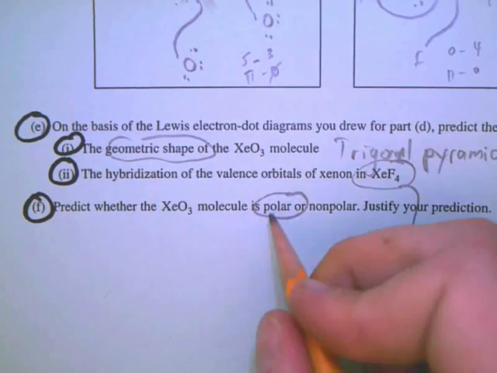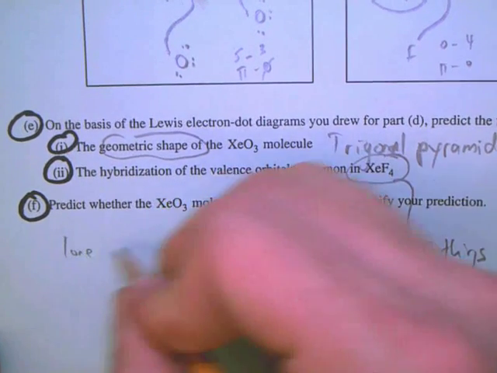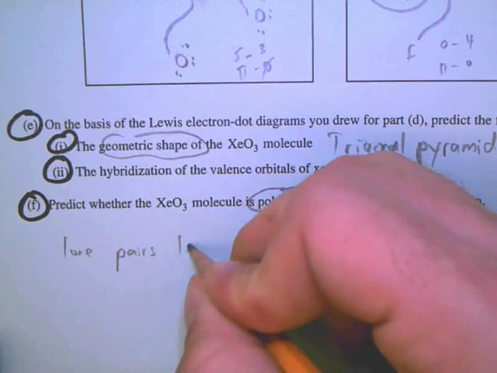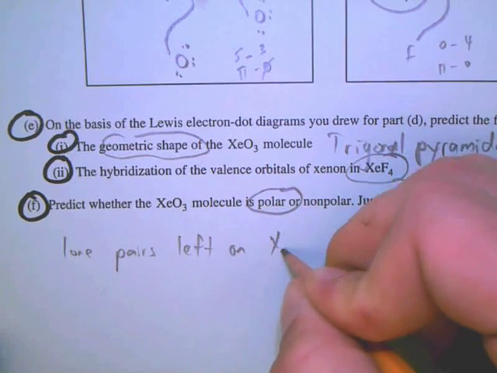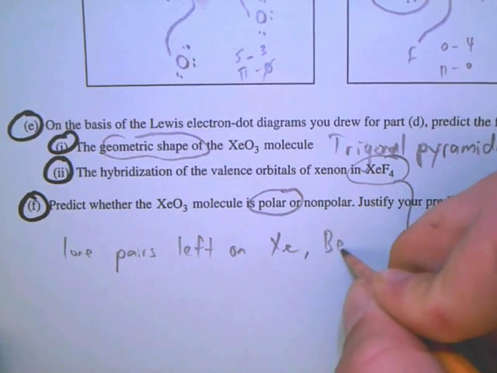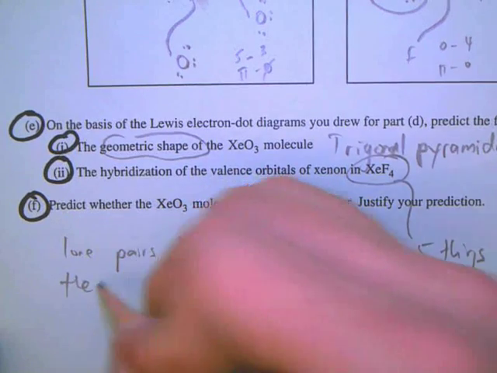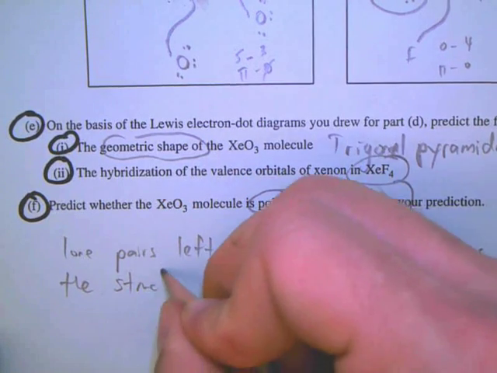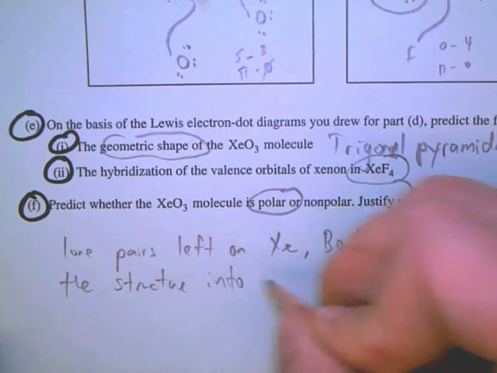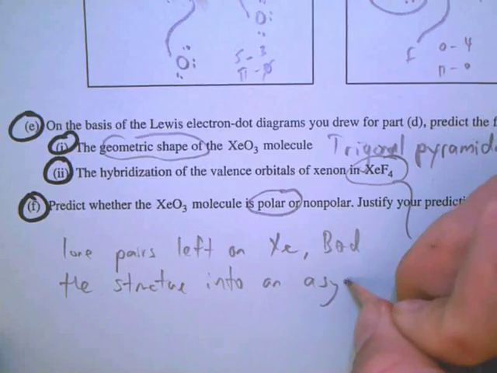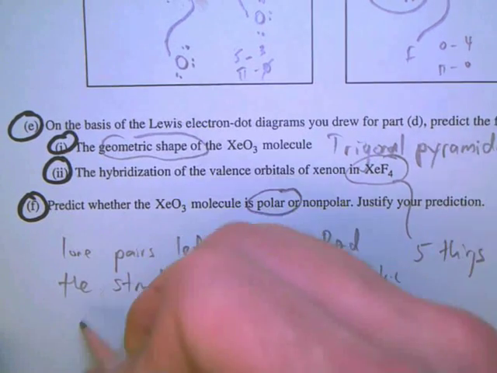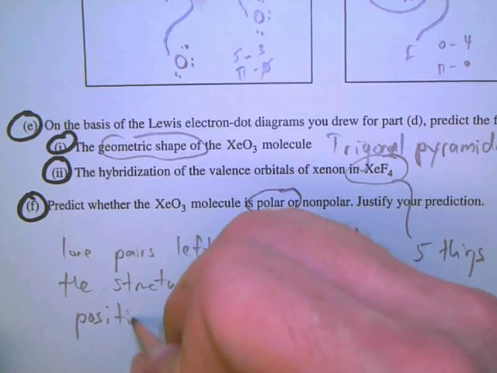It's going to be polar. I want you to justify your prediction, so we're going to say the lone pairs left on Xe bend the structure into an asymmetric position.